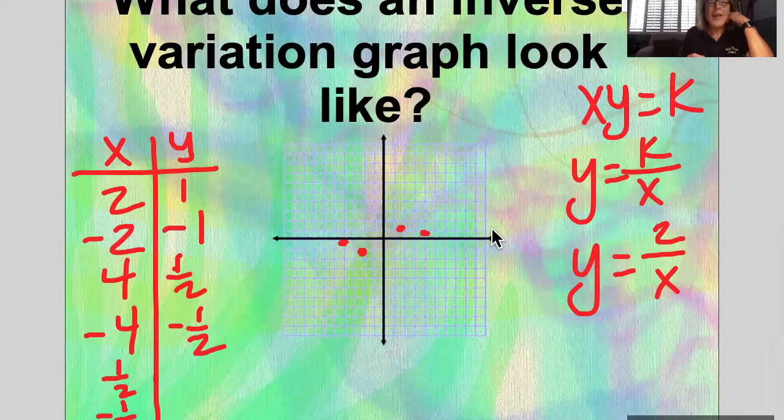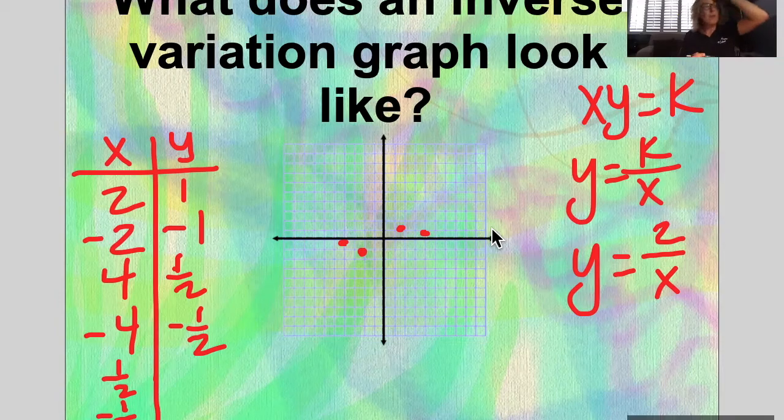So I plotted those 4 points so far, and you can see it's not linear, right? They're not lined up. We know that x cannot equal 0. So I'm going to put 2 more points here, an x of 1/2 and an x of negative 1/2.